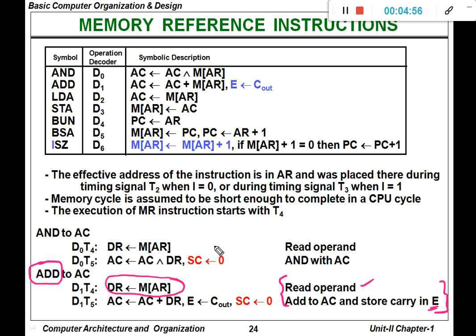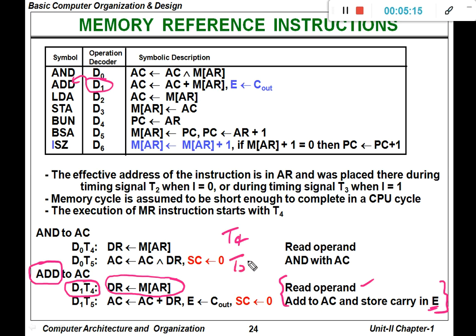This is represented as D1 T4. That is, at cycle T4, we are going to perform the read operation, and the operation decoder is D1 for add operation.